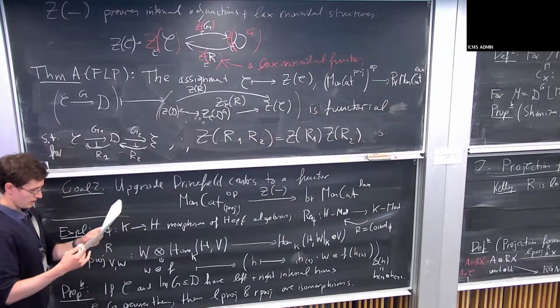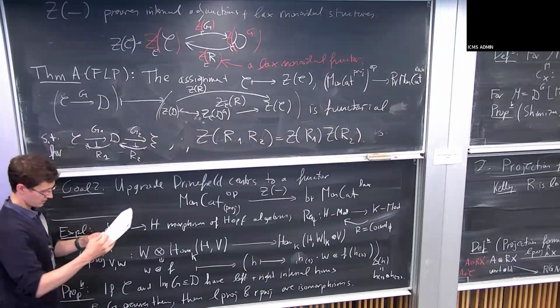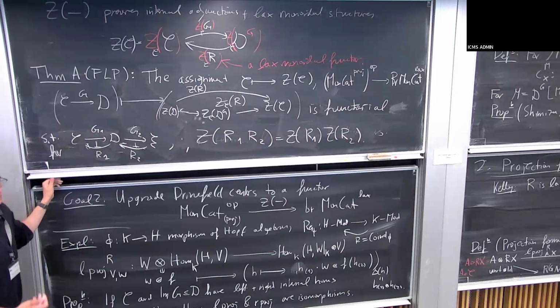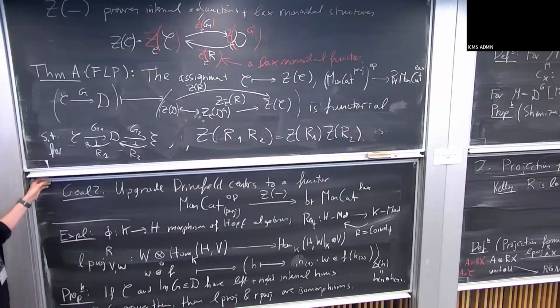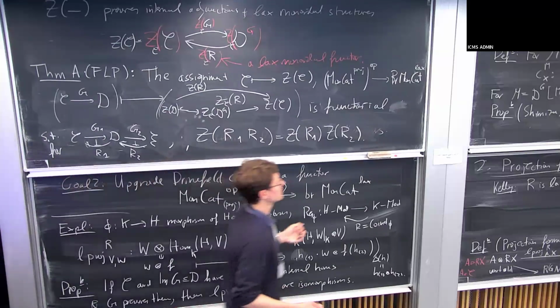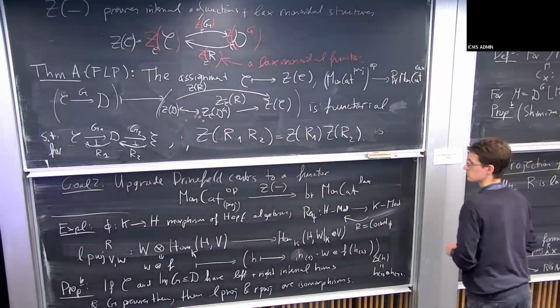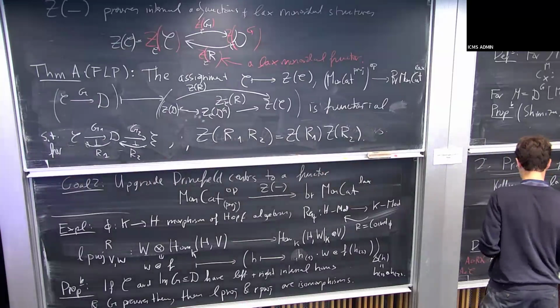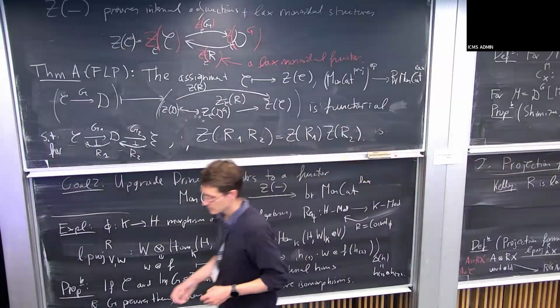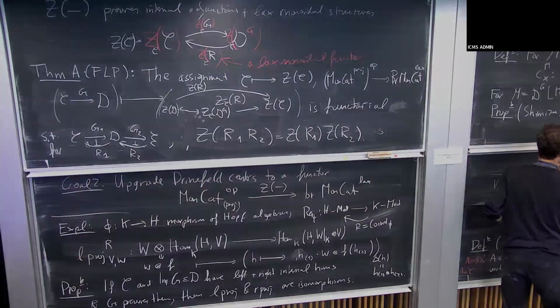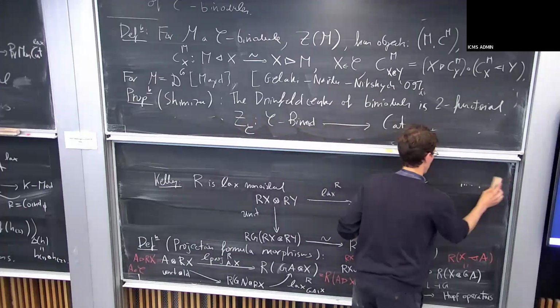But now what is actually instructive, I think, is to write down how this functor concretely looks in the half braiding description of the Drinfeld center, because that shows how the projection formula morphisms are relevant in the construction.